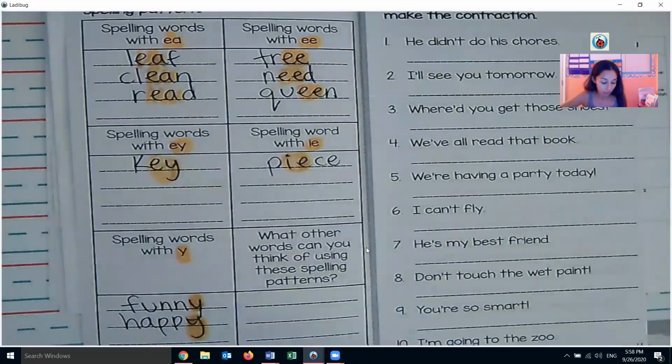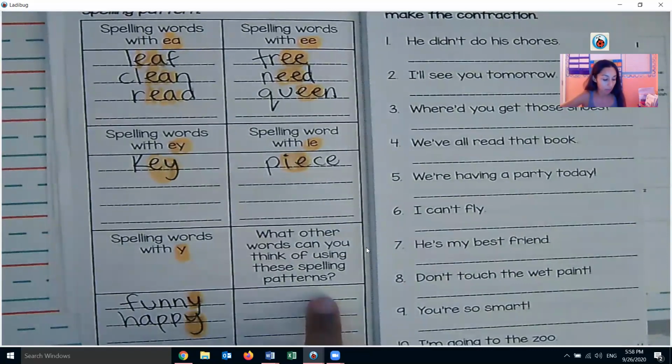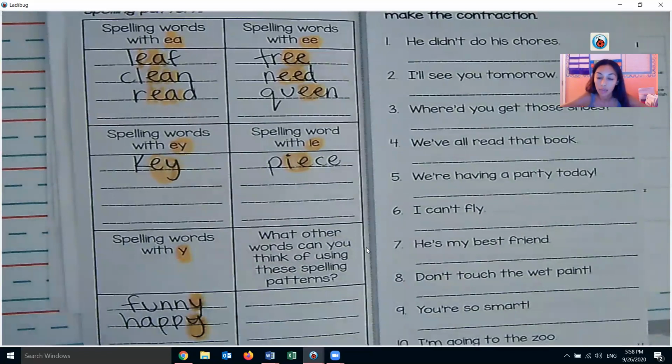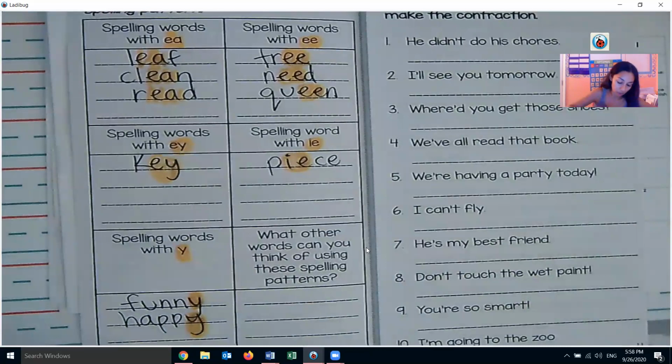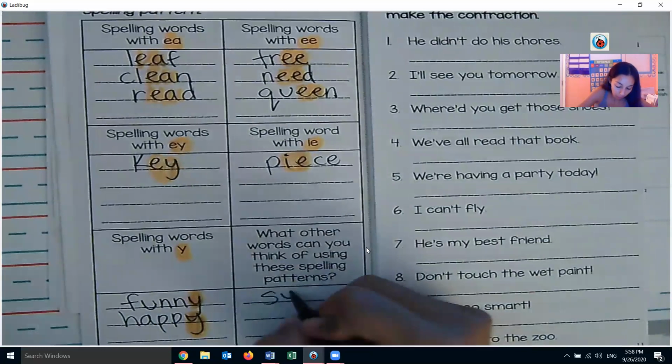The last one says here, what other words can you think of using these spelling patterns? So any words that you can think of that make the long E sound. Let's see, so happy, funny, oh, maybe sunny. I'm thinking kind of rhyming words.